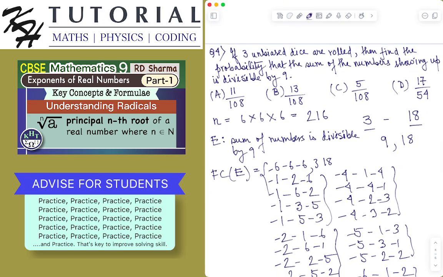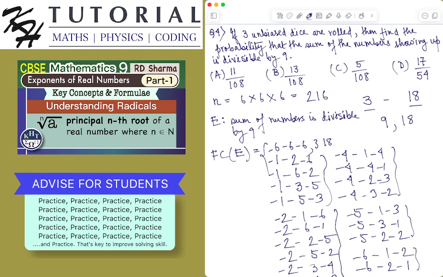So between 3 and 18, the numbers which are divisible by 9 are only 9 and 18. So we have to find all the possible outcomes where the sum of the numbers showing up on the 3 dice is either 9 or 18.